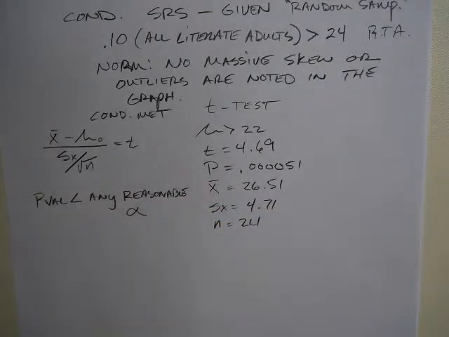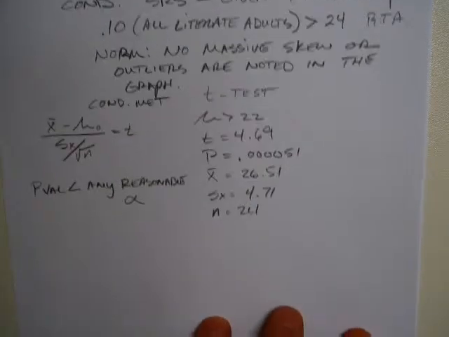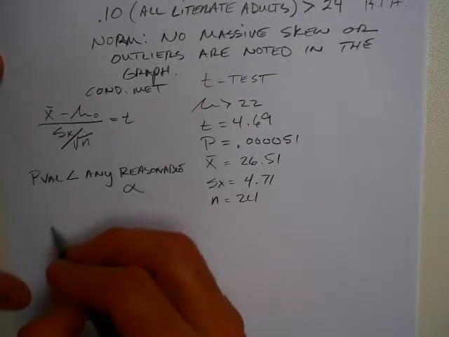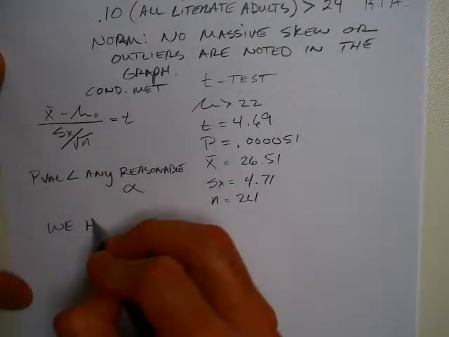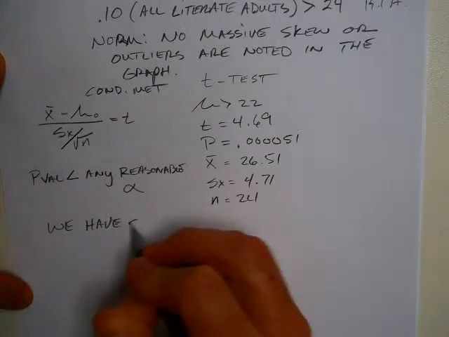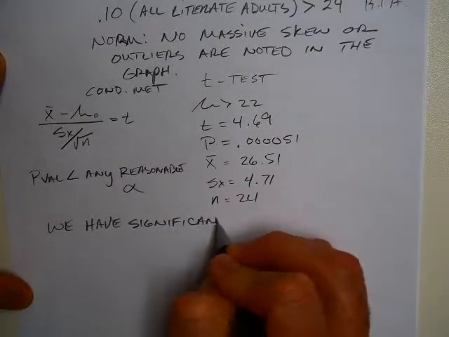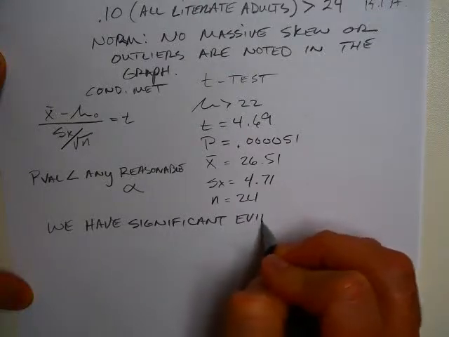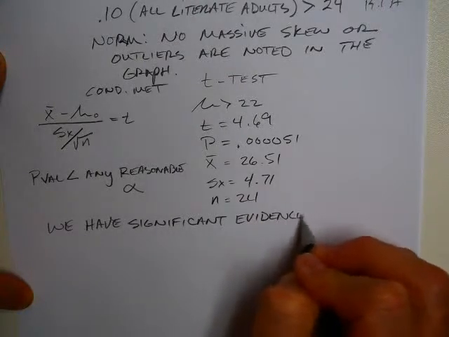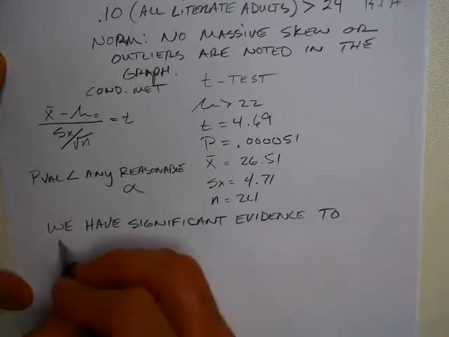And so I'm going to phrase this one a little bit better this time. I'm going to say we have significant evidence to reject the null.